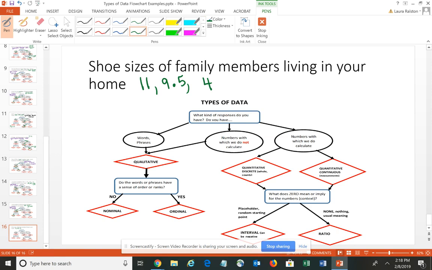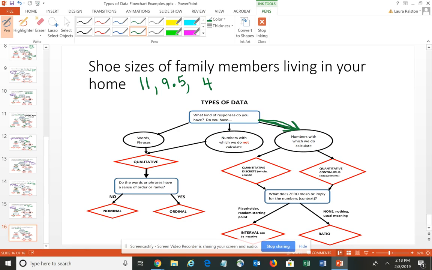And if you want to think about it, could we calculate? Could we find the average shoe size? I suppose we could. So this is kind of one of those that could be kind of tricky, because you could kind of go either way. It might just be a label and we don't calculate with it, but then we could find an average shoe size. So if you're thinking about finding that average shoe size, it is numbers that you can calculate with.